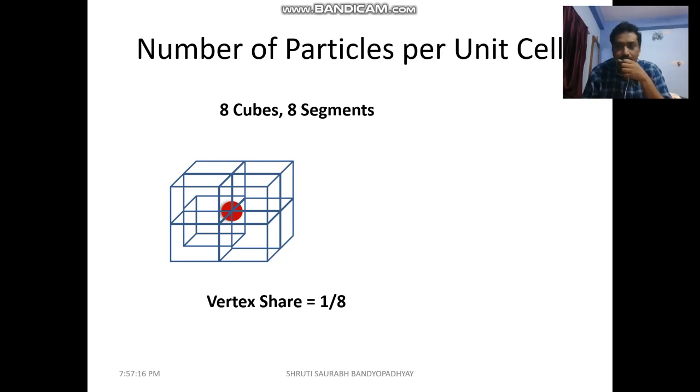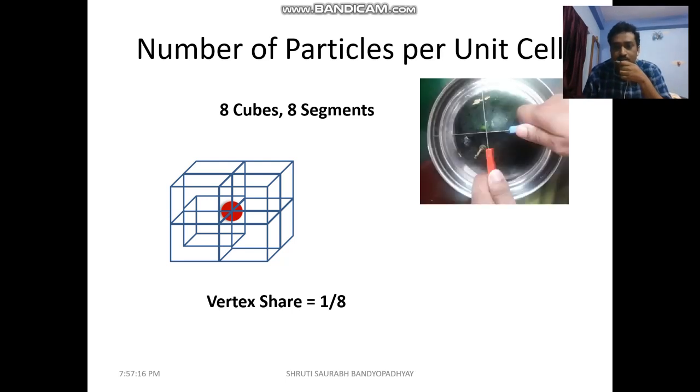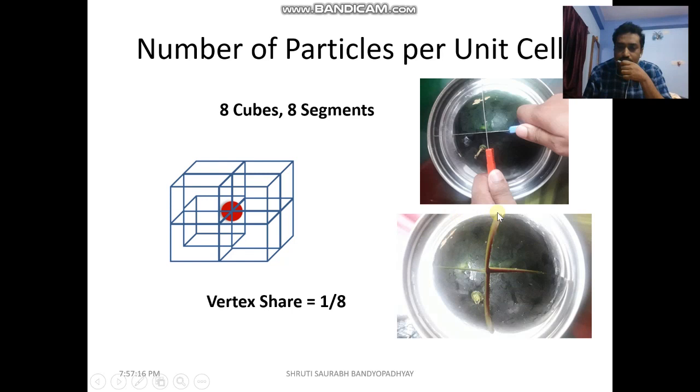Clear? If this is not clear, I can show you the cutting of a watermelon. Suppose this is the steel plate upon which we have placed a watermelon, and we are cutting it along horizontal and vertical axes, two mutually perpendicular axes. What we get is 4 different pieces: 1, 2, 3, 4.